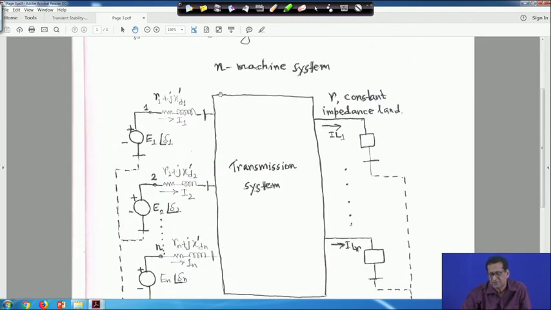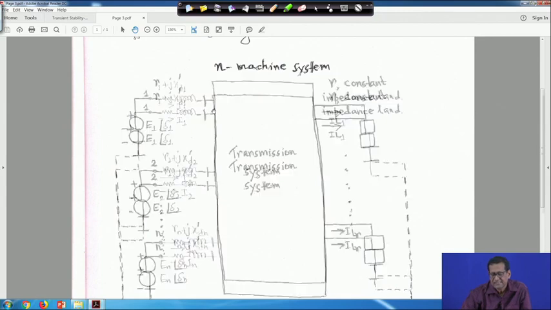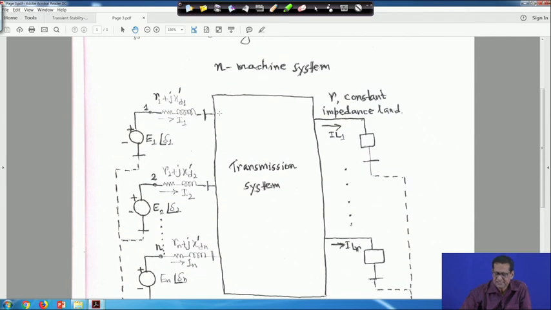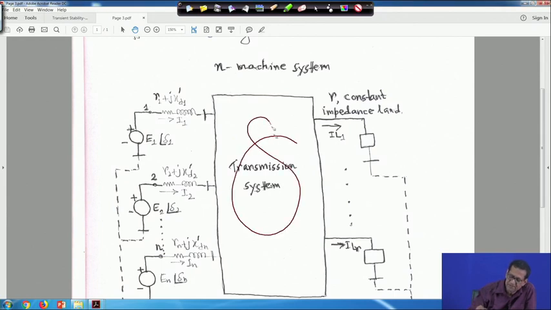Now suppose you have a machine system, and this is my transmission network. Generators are there, suppose you have n number of generators. The voltage behind the transient reactance is given as E1 angle delta 1, then E2 angle delta 2, up to En angle delta n.